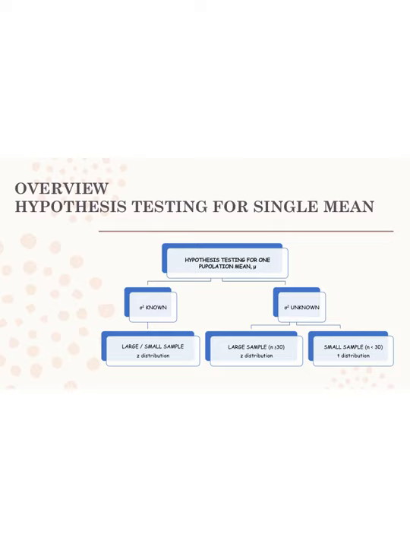For population variance unknown, it is separated into two different cases. When our sample size is large, which is greater than or equal to 30, we use the Z distribution. But if the sample size is less than 30, we use the T distribution.